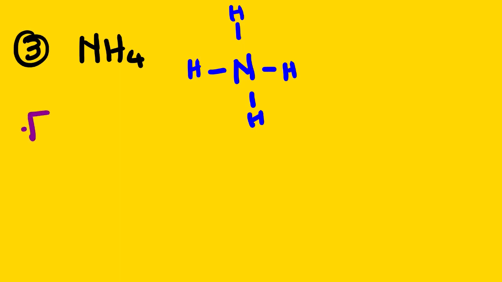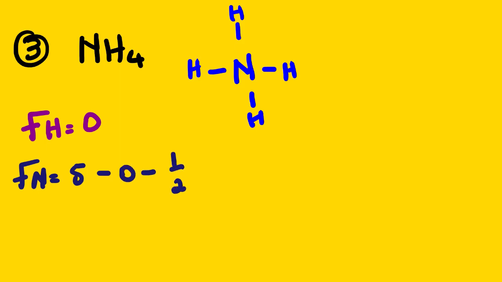Now we can see that hydrogen is still the same as the previous example, so we can safely say the formal charge of hydrogen in this case is 0. Now let us go ahead and calculate the formal charge of nitrogen. Nitrogen is in group number 5, so it has 5 valence electrons, minus, you can see here it doesn't have any lone pairs, minus half bonded is 2, 4, 6, 8.